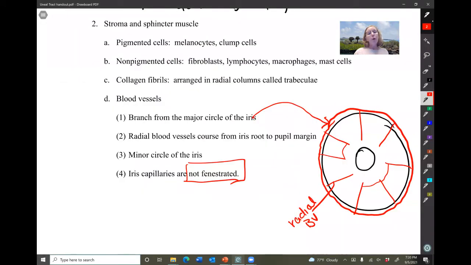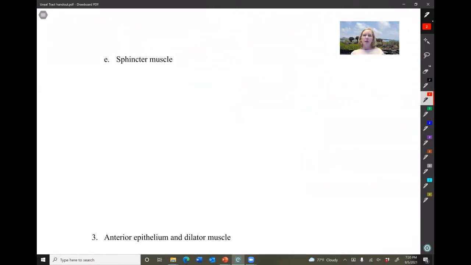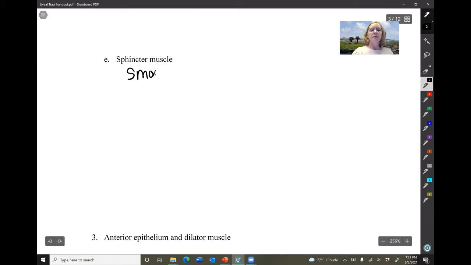Another very important structure that is found within the stroma is the sphincter muscle. The sphincter muscle is smooth muscle. It's innervated by the parasympathetic system.